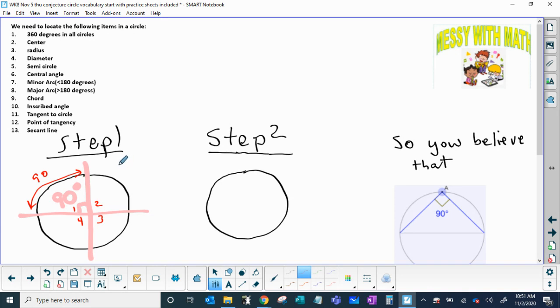And if we have 4 parts, 360 divided by 4 equals 90. Step 2, draw a diameter. You agree that is 180, a semicircle.